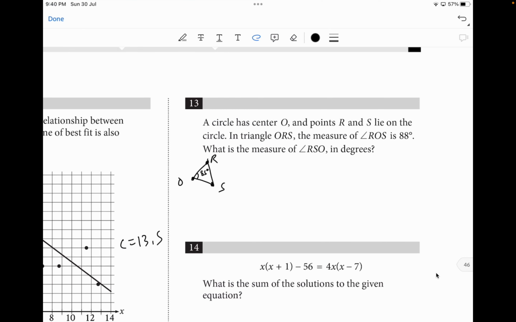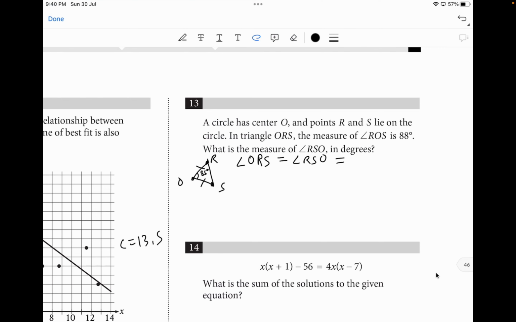So for RSO, since R and S both lie on the circle, OR and OS are both radii of the circle. So in triangle ORS, we know that angle ORS is going to be equivalent to angle RSO, because OR and OS are radii of the circle.